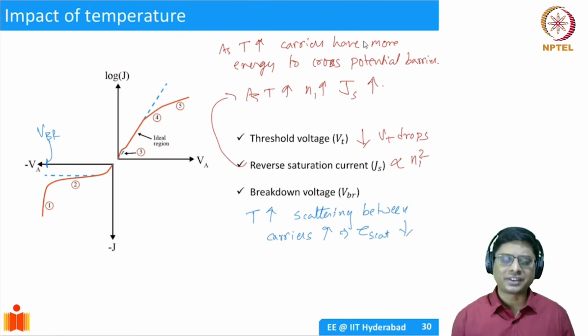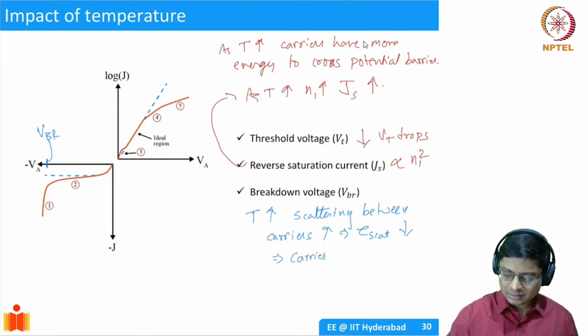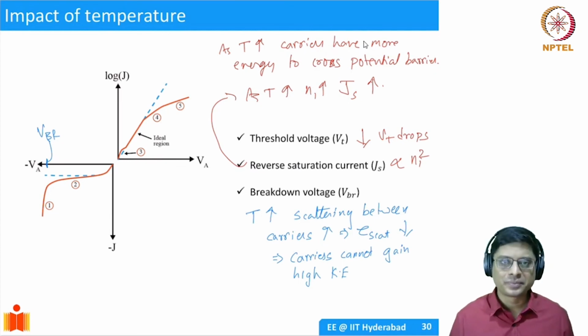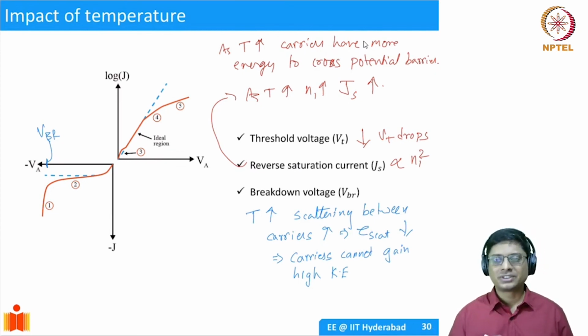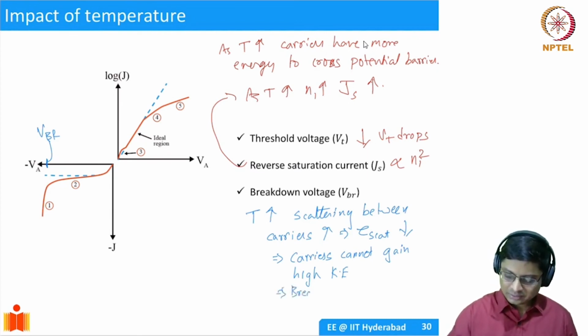That means there's more efficient scattering. This implies carriers cannot gain high kinetic energy. Before they gain it, they simply collide with some other carrier and lose energy. So there is no directionality built up because of these repeated scattering events. This implies breakdown occurs at larger voltages.